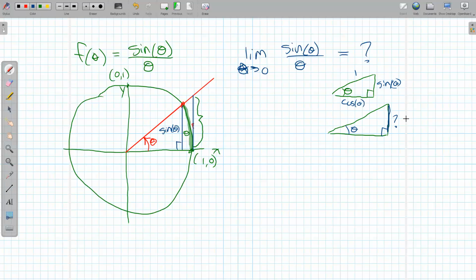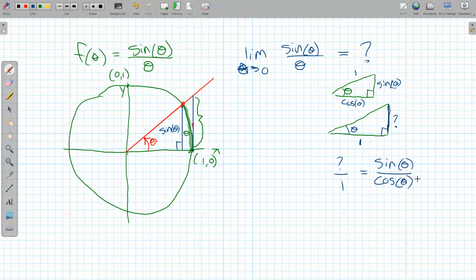If I use ideas of similar triangles and I want to identify that length, I know this side right here is a 1, because the distance from here to here is 1. The opposite side of the angle over the adjacent side, 1, on this triangle has to be equal to the opposite side of the smaller triangle divided by its adjacent side.